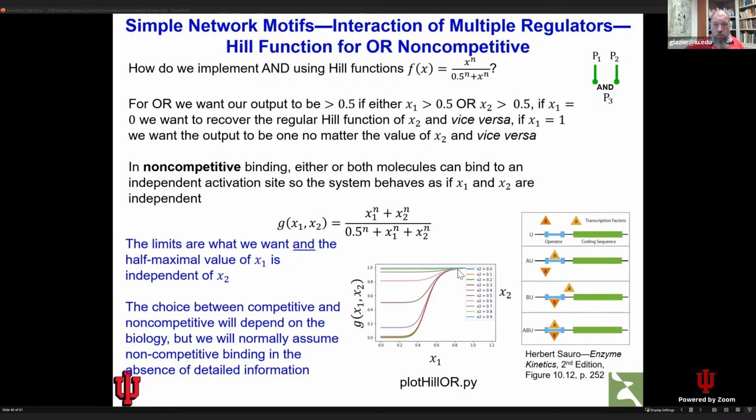In non-competitive binding, I have to put X1 and X2 separately. So I have X1 to the n plus X2 to the n over 0.5 to the n plus X1 to the n plus X2 to the n. This also ranges between 0 and 1, which is what I wanted.